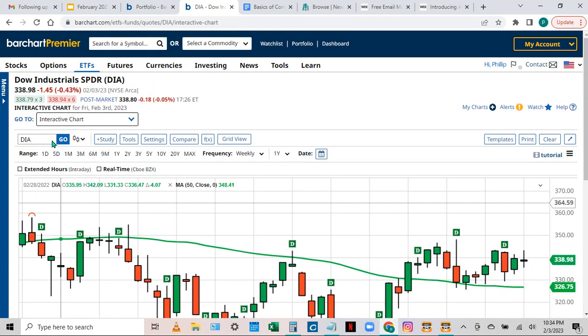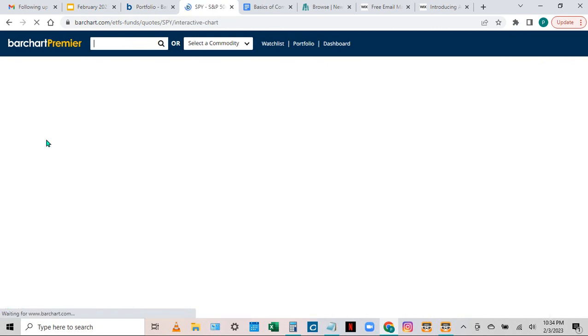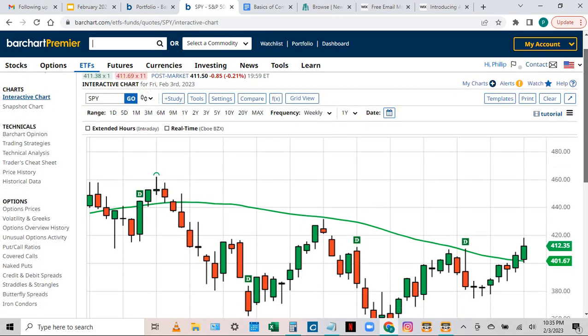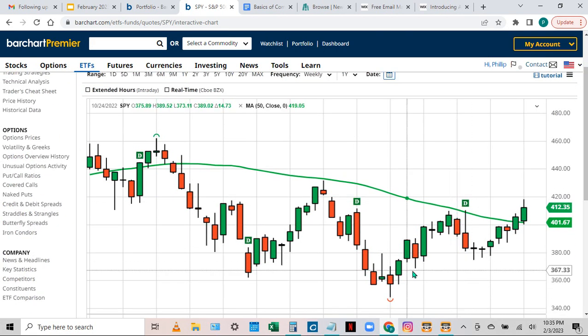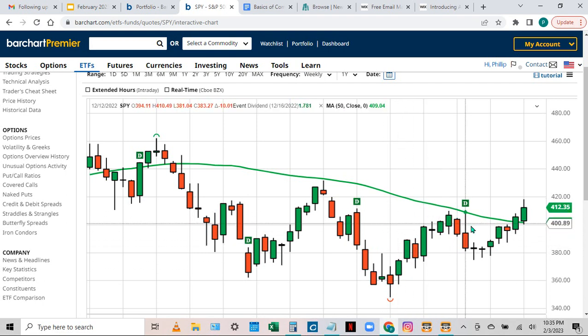So let's go to a different one here. Let's look at this ETF, SPY, which tracks the S&P 500 index. And we can see we've got similar movement up from October, pullback, and then in the first 4 or 5 weeks of the year, we've got this real strong move up, with a closing green candle above these other candles that actually closed higher than this red candle.